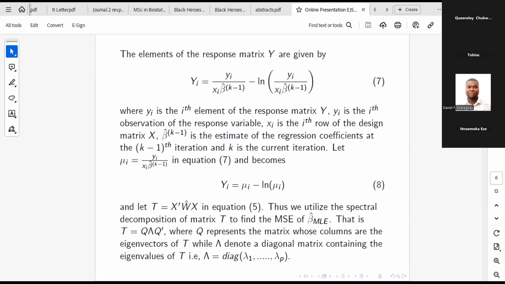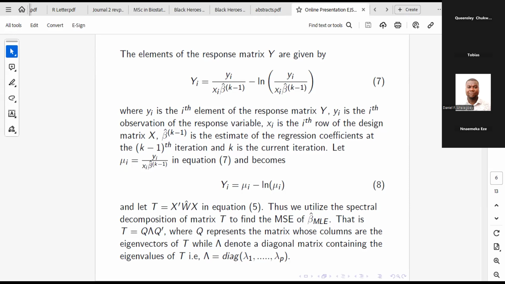And also, we'll let T, capital T, equal to the matrix given in 5, which is the transpose of the design matrix times the weighted matrix.